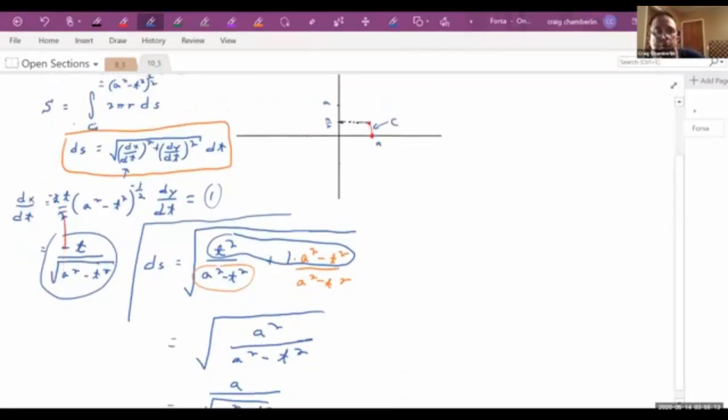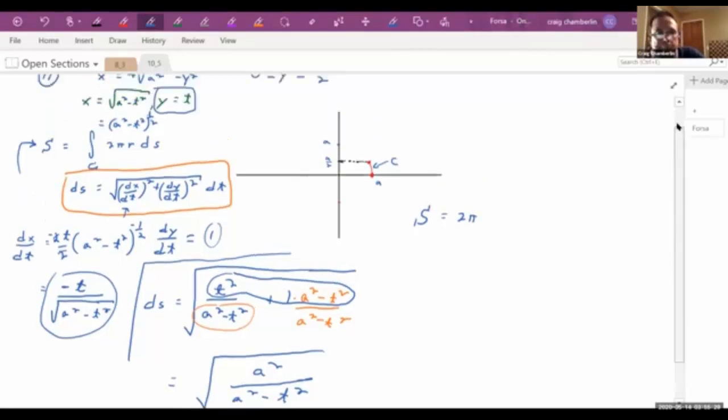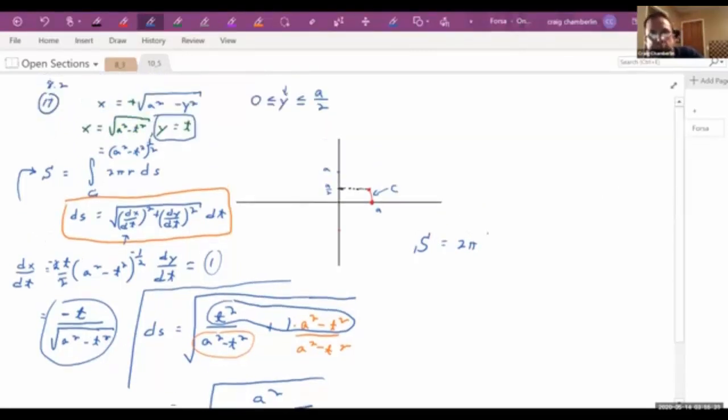let me go ahead and try and fill in this formula then. And I think nice things will happen there as well. So that S then is going to be, I'm going to pull out the 2 pi. And then we're going to have the integral from, okay, if you look at the picture, we're integrating with respect to t, but t is y, right?